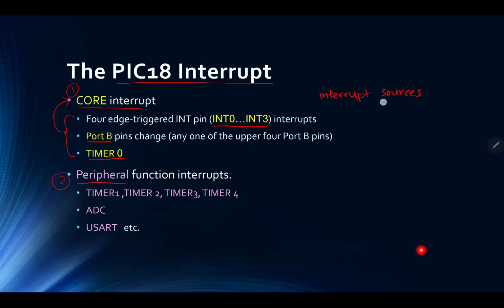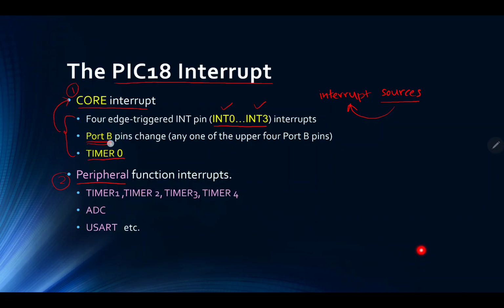Interrupt sources means the sources that can generate an interrupt. Under the core group, these are the interrupt sources: INT0, INT1, INT2, INT3. INT stands for interrupt. These are various pins at port B.